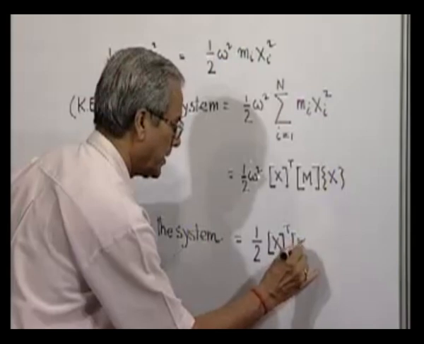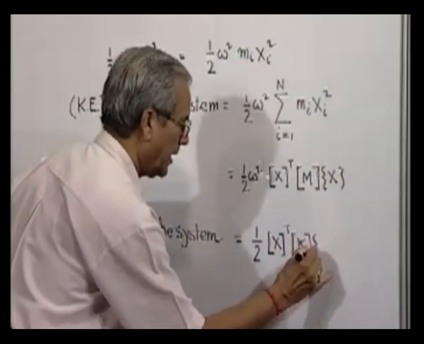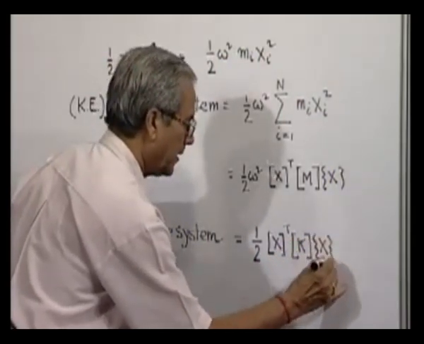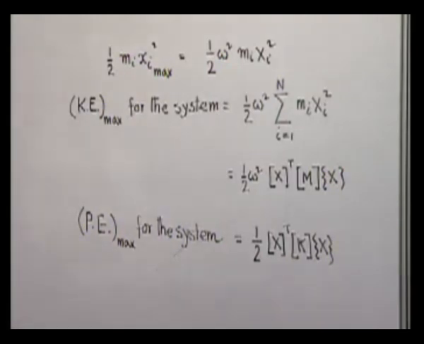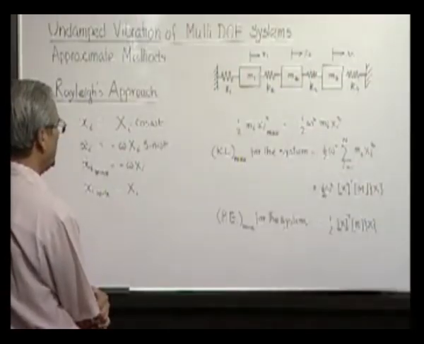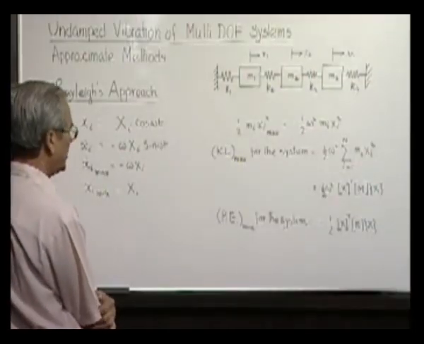If the stiffness matrix be K, then this can also be easily seen through a little bit of analysis, that the total maximum potential energy for this system will be this, where K is the stiffness matrix.